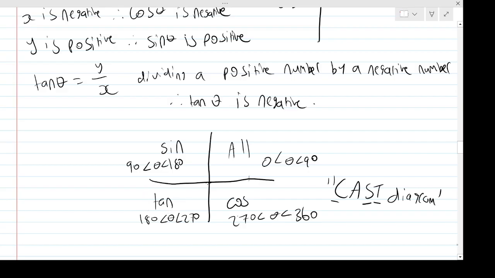So if we start from cos and work our way around the grid, that gives us the ordering of the trig functions that are positive in the quadrants. We call that a CAST diagram, which you will see thrown around in the textbook or wherever else you look at your maths. The CAST diagram tells us the angles for which certain trig function outputs are positive, essentially.